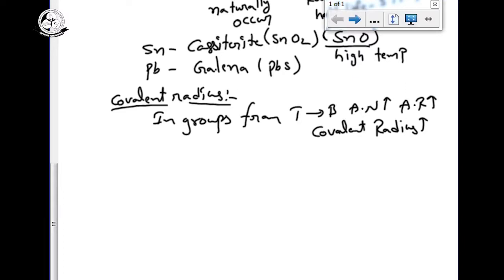So as usual, no problem: carbon, silicon, germanium, tin, and lead. Next, ionic radius.